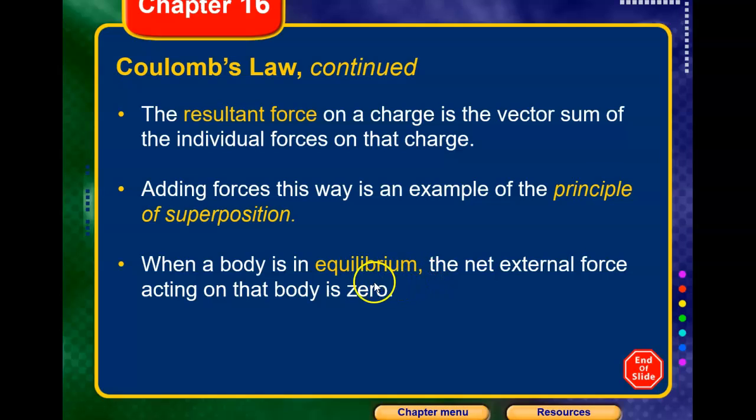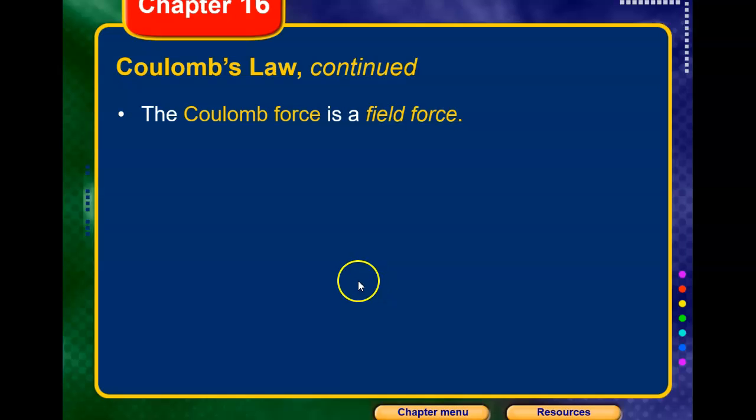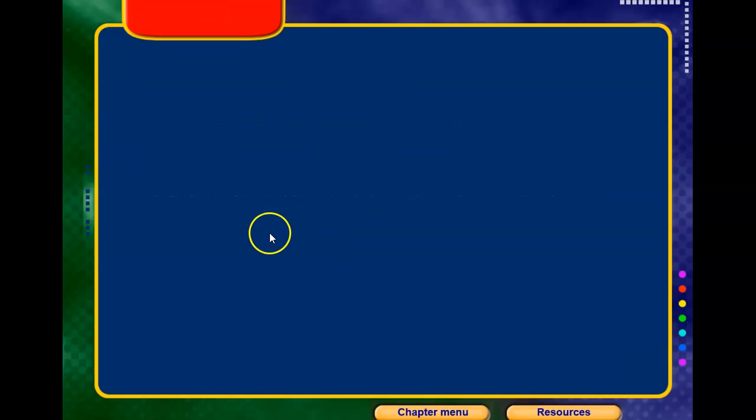When there's no net force acting on an object, it's called equilibrium. The Coulomb force, electric force, is a field force. It acts over a distance, like gravity does.